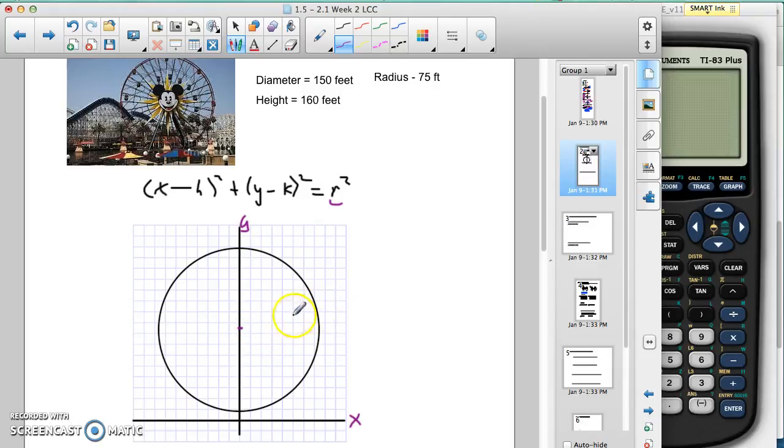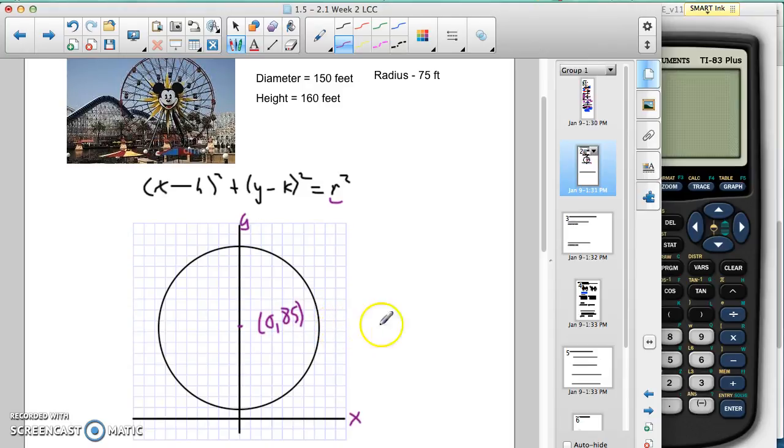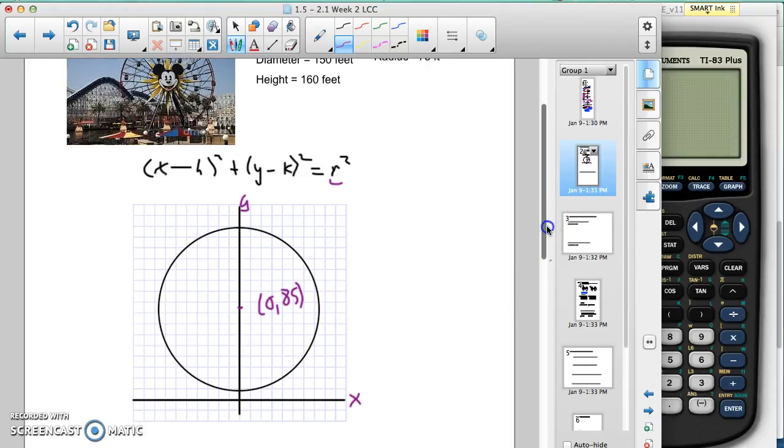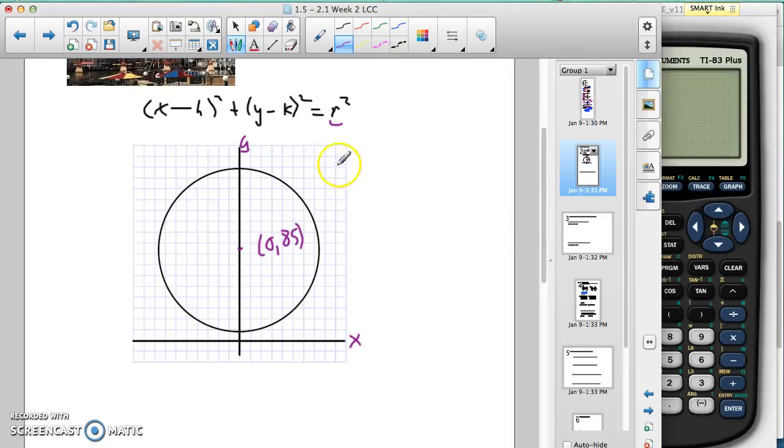So my center should be 0, 85, because we put the axis right there. So that should be our center. That means our equation should be easy to fill in. We have the center point, so we have h and we have k. We'll also have r because we know the radius is half the diameter.